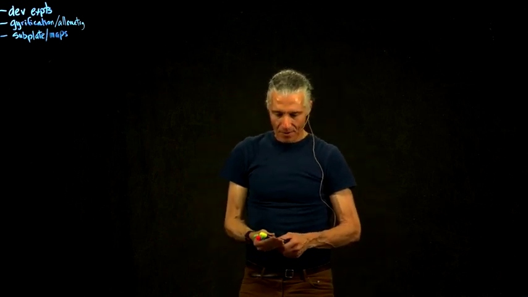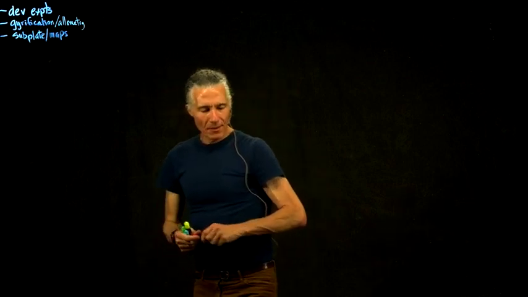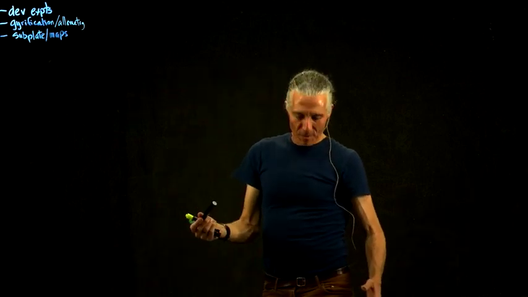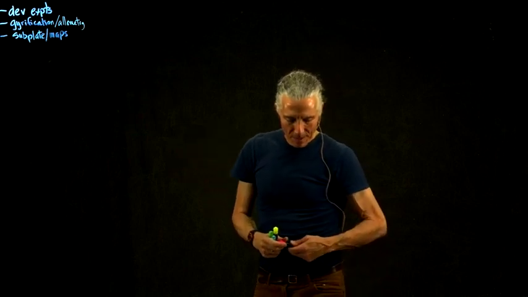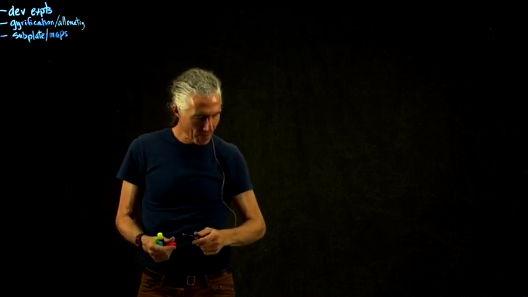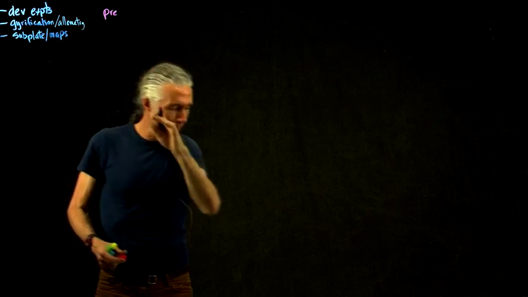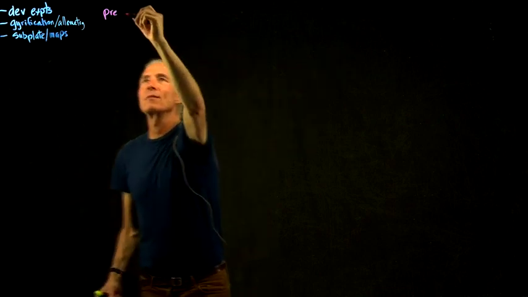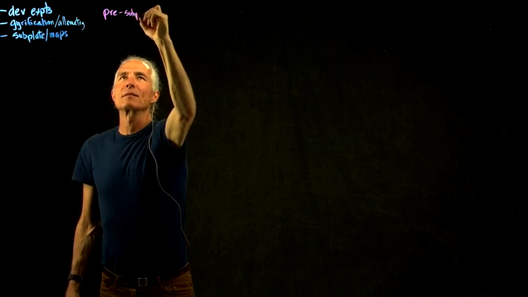So what part of development are we talking about here? I'm going to talk about all embryonic development. So I'll put 4 stages across here. The pre-subplate. So what does subplate mean?